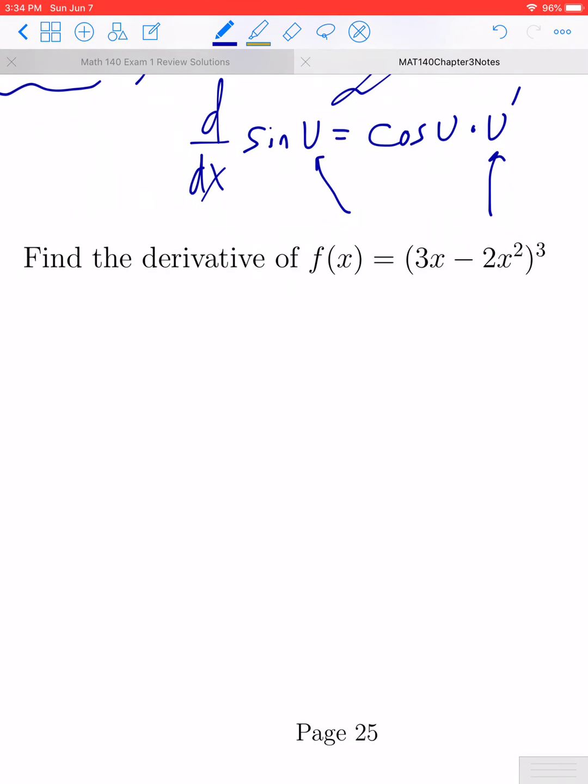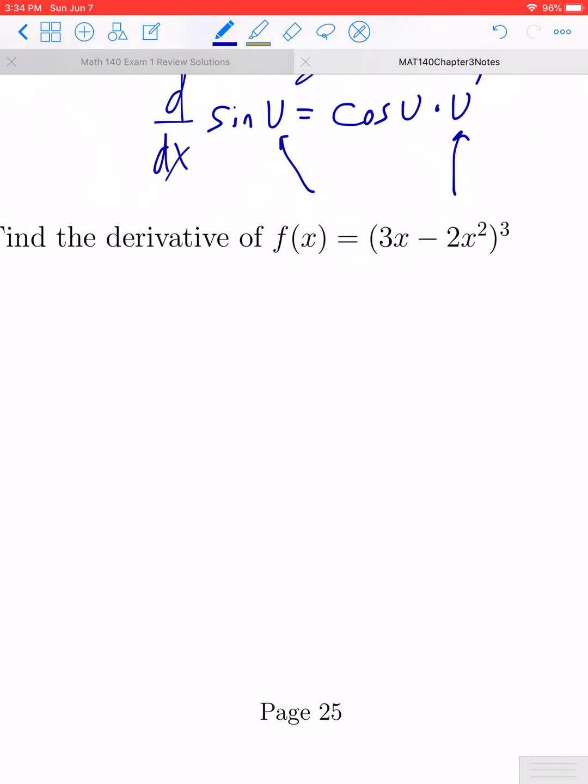Let's take a look at example 3. Again, they want us to find the derivative of f of x equals 3x minus 2x squared, whole thing cubed. We recognize this again as a composition. It's the third power with the polynomial 3x minus 2x squared. We're going to do the derivative of the outer part first.